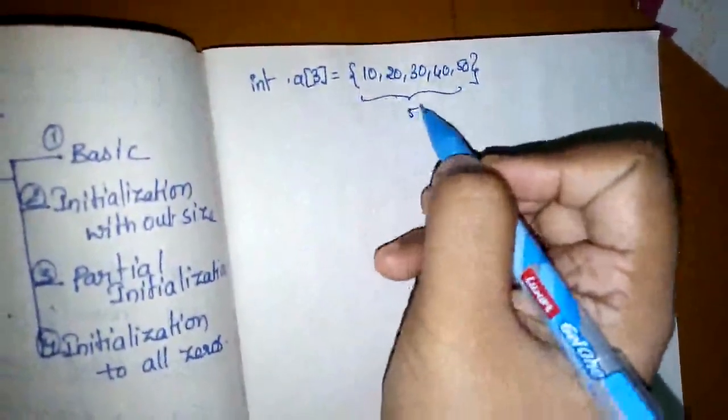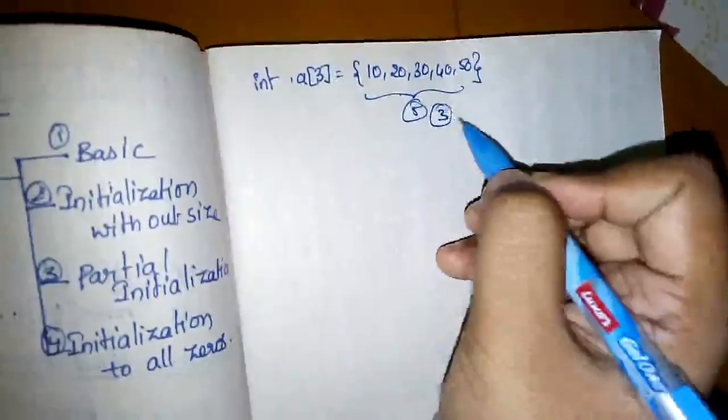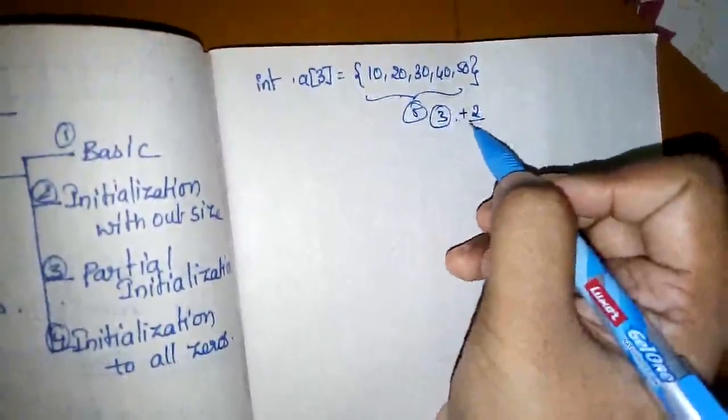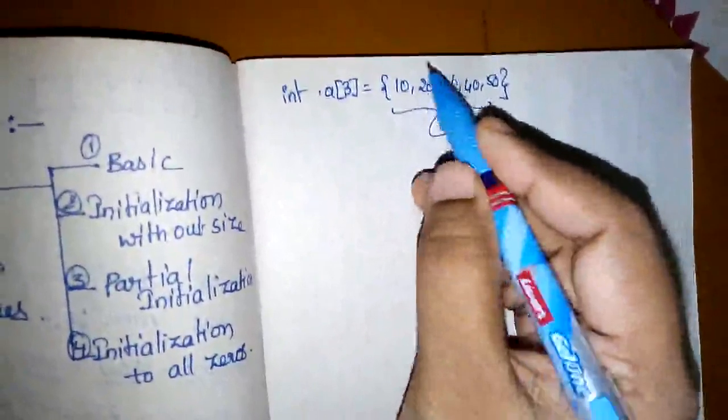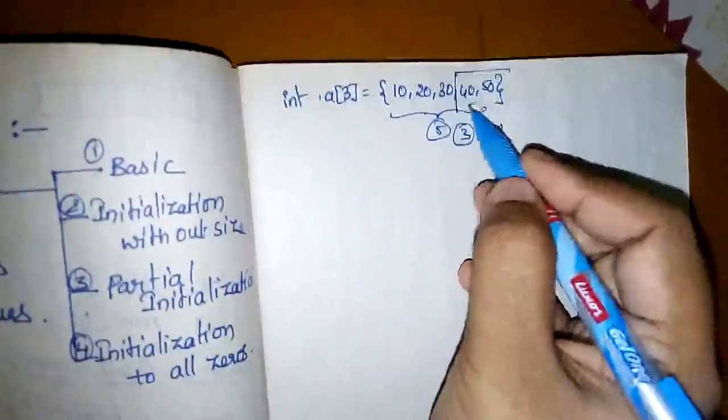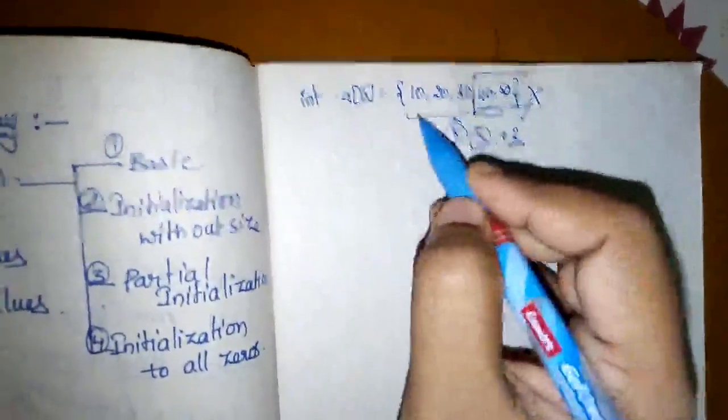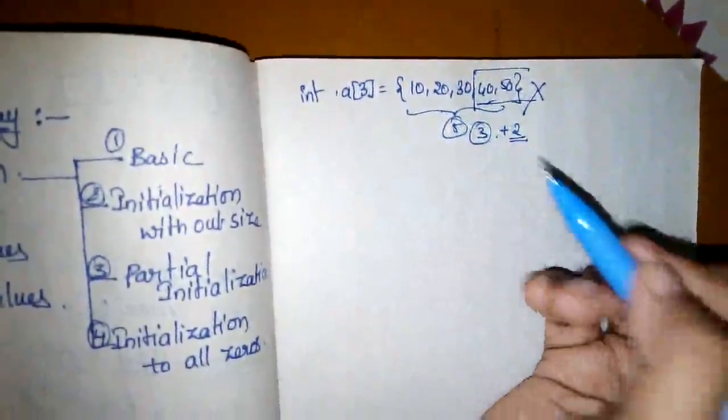Only 3 are required, but you have assigned 2 extra elements. While assigning, the extra elements will get discarded. Only 3 elements will be taken into the array. So that is about basic initialization.